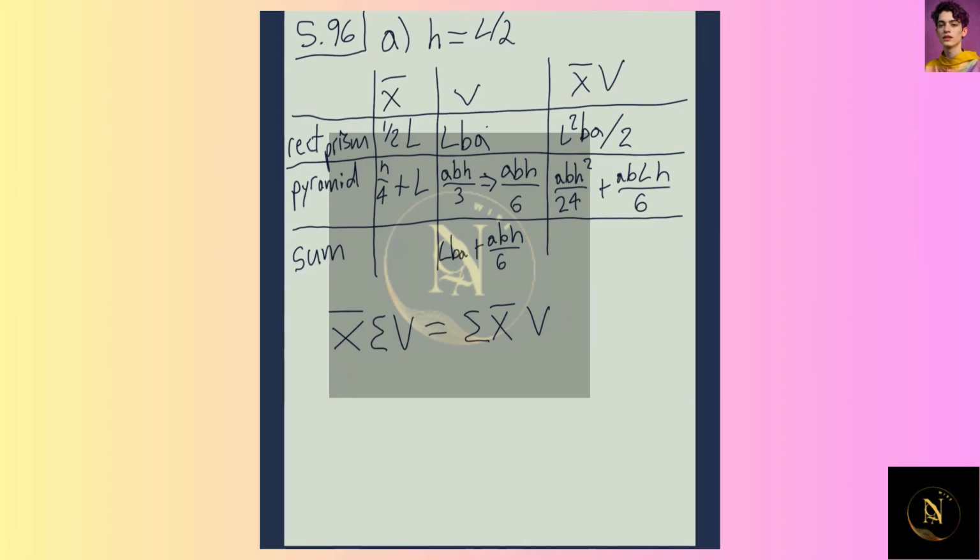And then the sum of the centroids, the centroid times the volume, is equal to L squared BA over 2 plus ABH squared over 24 plus ABLH over 6. So now plugging those in, we can find the centroid.